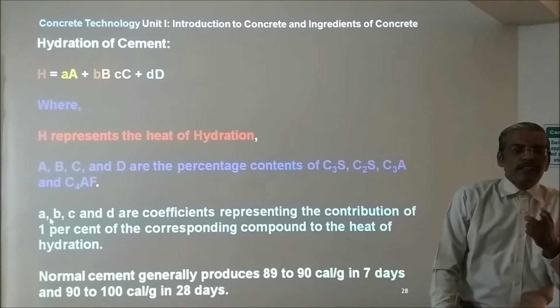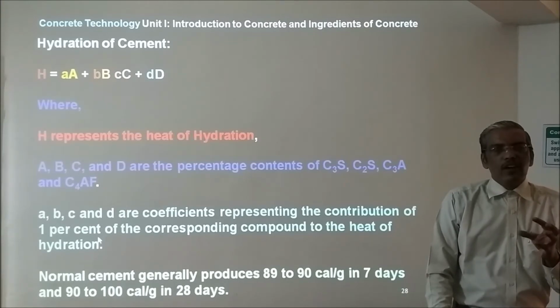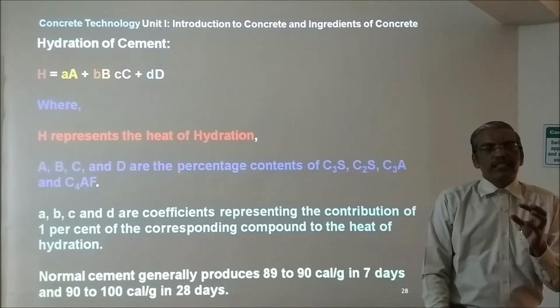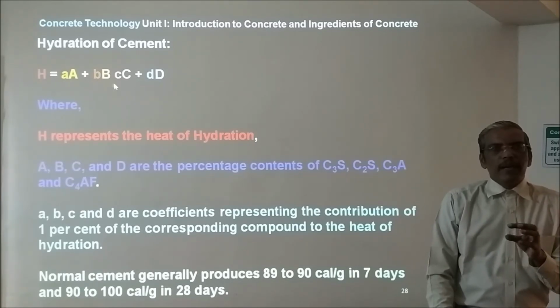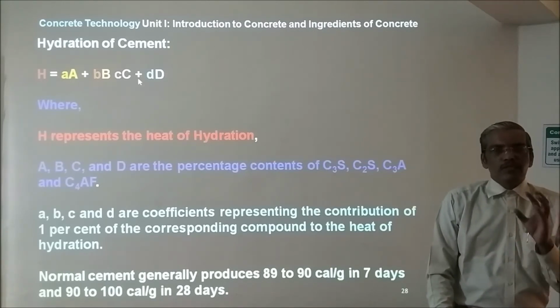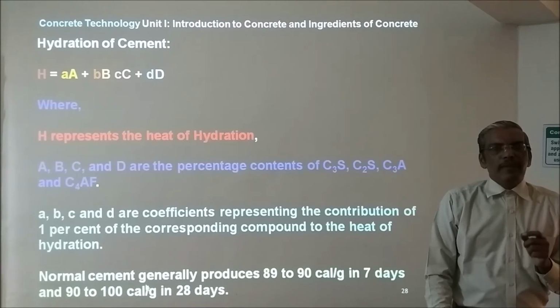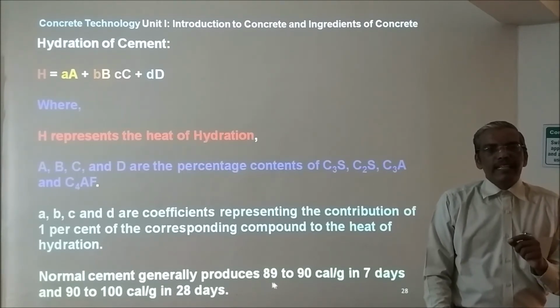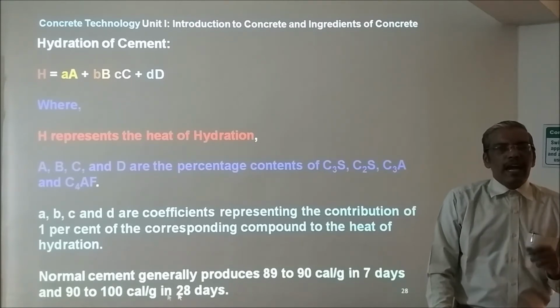So the addition of all this, that is small a multiplied by capital A plus small b multiplied by capital B plus small c multiplied by capital C plus small d multiplied by capital D. Normal cement generally produces 89 to 90 calories per gram in 7 days and 90 to 100 calories per gram in 28 days.